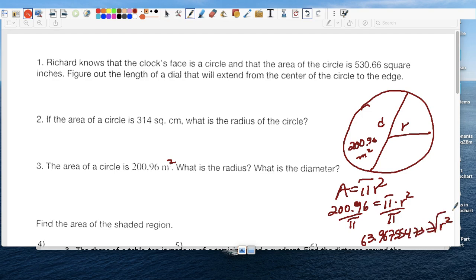Remember, taking the square root of both sides, we get that. Hang on a second. Square root of both sides. Enter. Enter again. 7.99. So r equals plus or minus 7.99, which we're going to round to 8. So it's plus or minus 8, and obviously we want to use the positive 8.